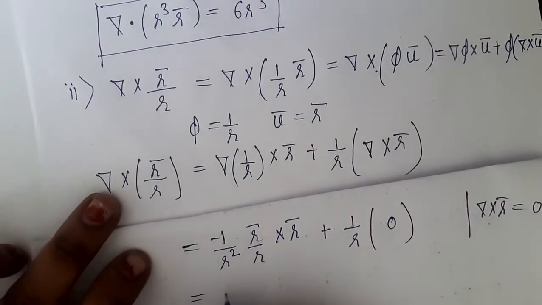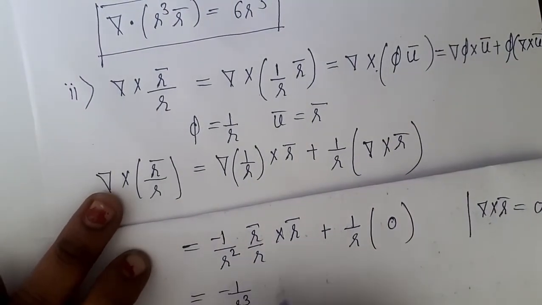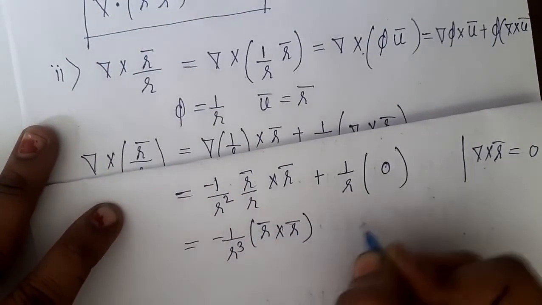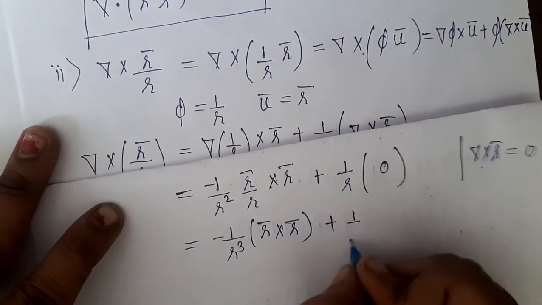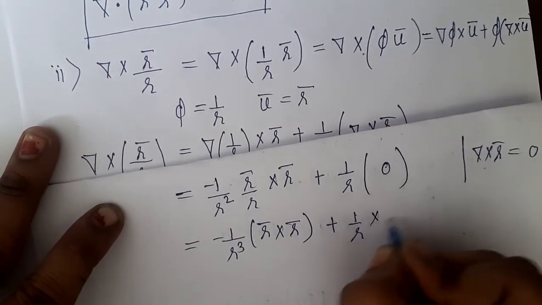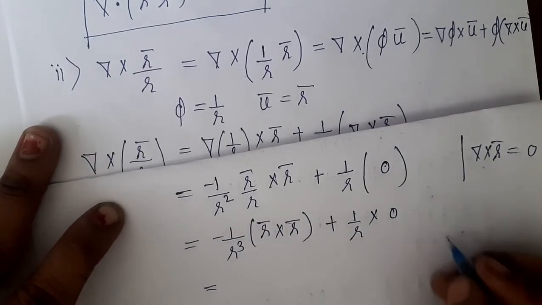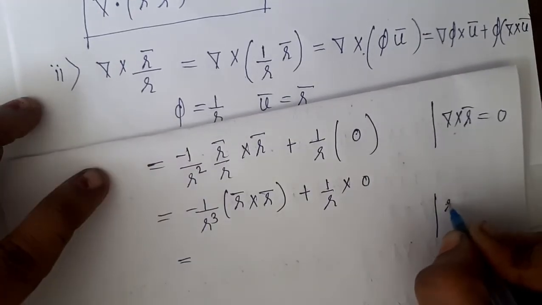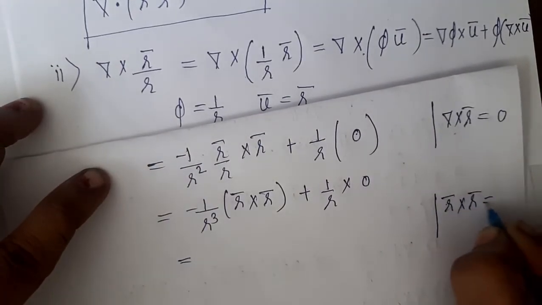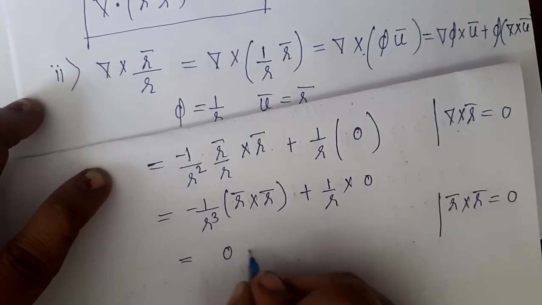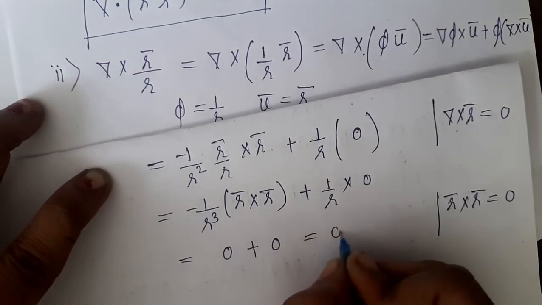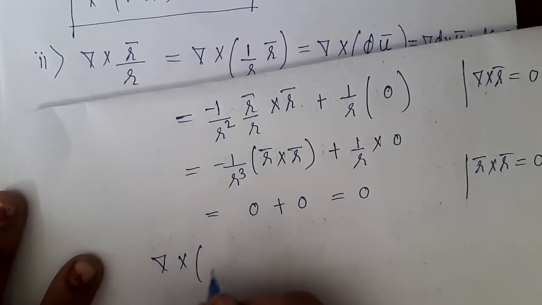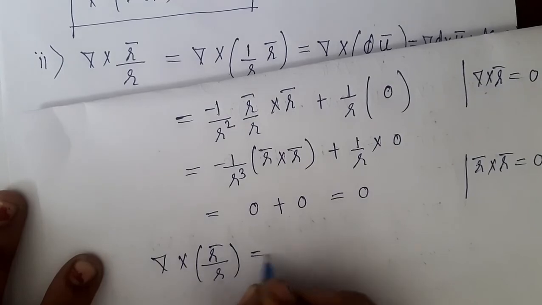Now this is equal to minus 1 upon r cube multiplied by r cross r, plus 1 by r multiplied by 0. Again, we know that for two identical vectors the cross product is 0, so r cross r is 0. The first term becomes 0, the second term is also 0, therefore the answer is 0. We got the result del cross vector r divided by r is equal to 0.